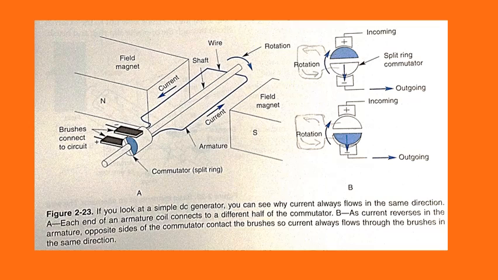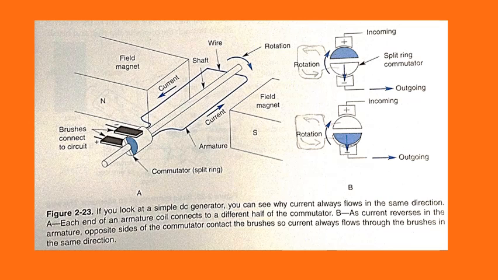Direct current generator. The DC generator is similar in construction to the alternator, except that the two slip rings are replaced by a single slip ring with two halves, commonly called a commutator. The two segments of the commutator are connected to the two ends of the armature, such as in figure 2-23, and rotate with it.